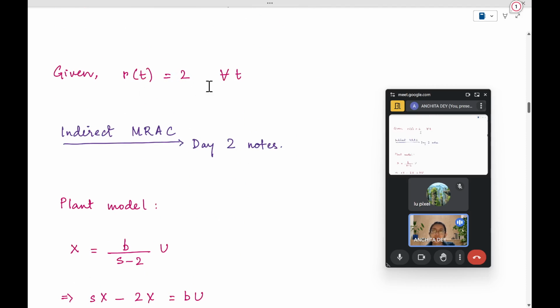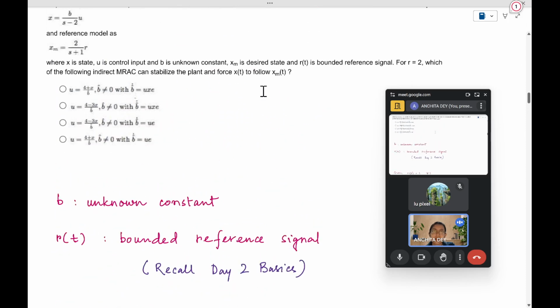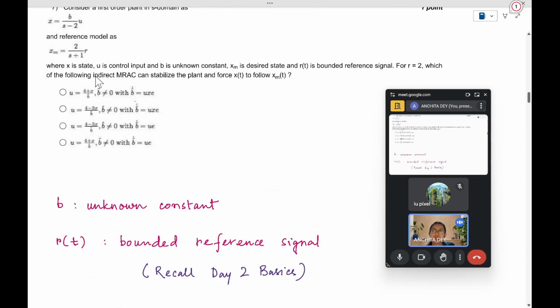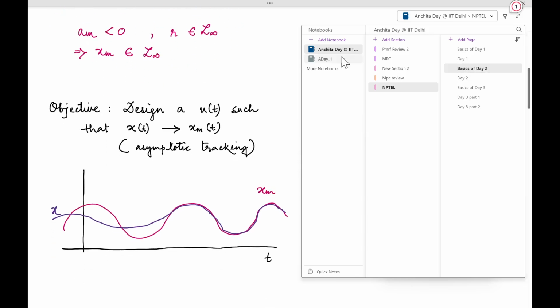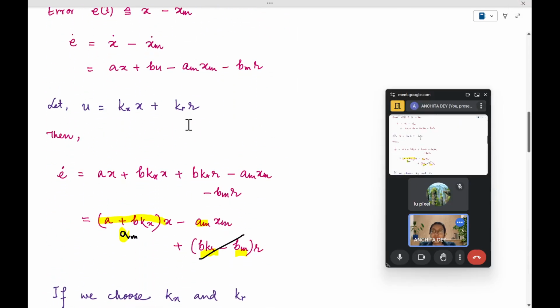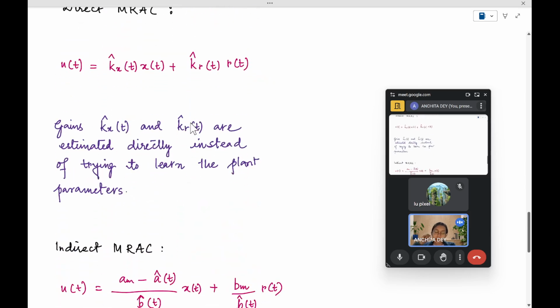So given r(t) equal to 2 for all t, we will have to design an indirect MRAC. Which of the following indirect MRAC can stabilize? Now, what is basically meant by an indirect MRAC? If we again go back to the basics, in MRAC we wanted our plant to follow the model state.